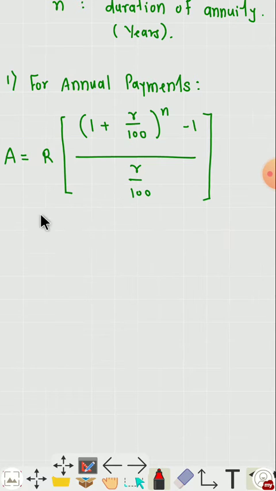Okay, now let us write the second formula, for half yearly payments or half yearly installments.